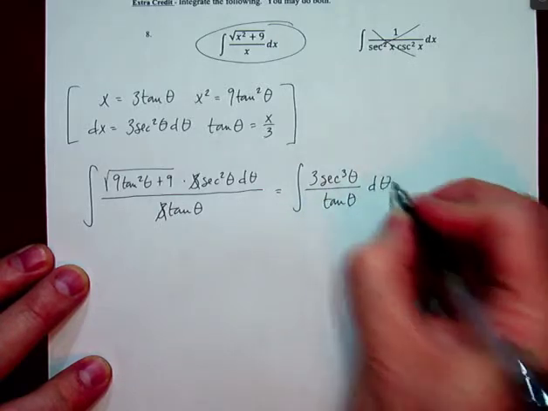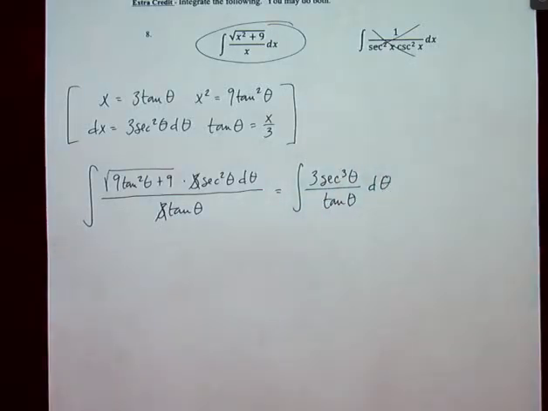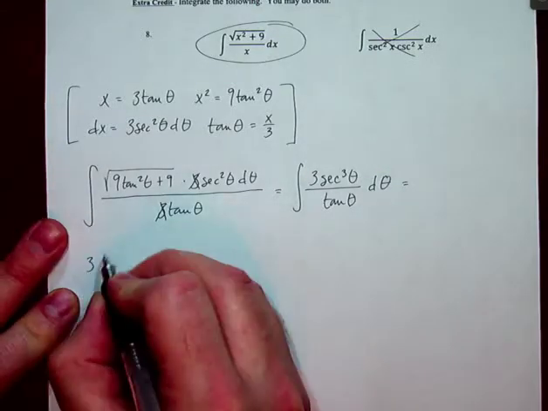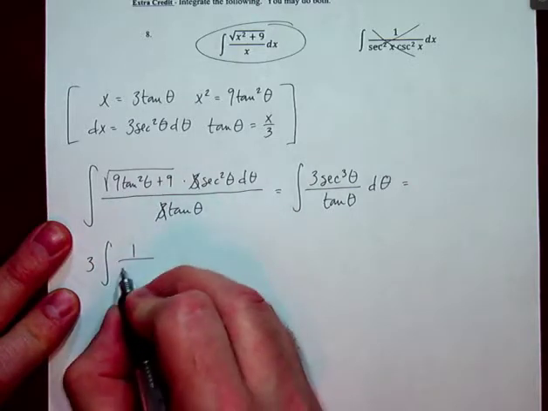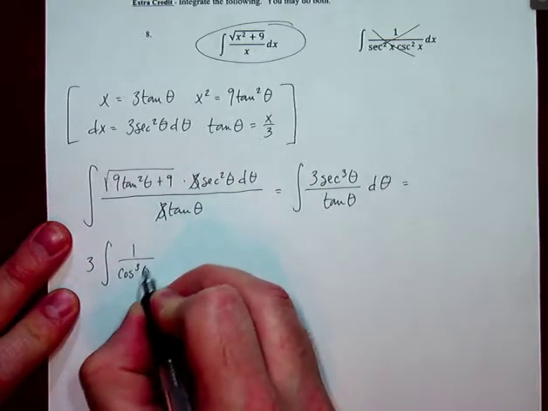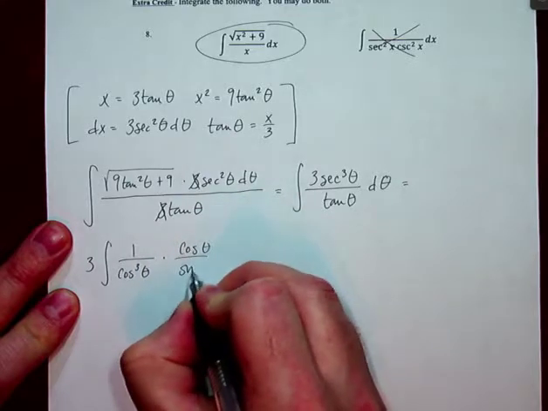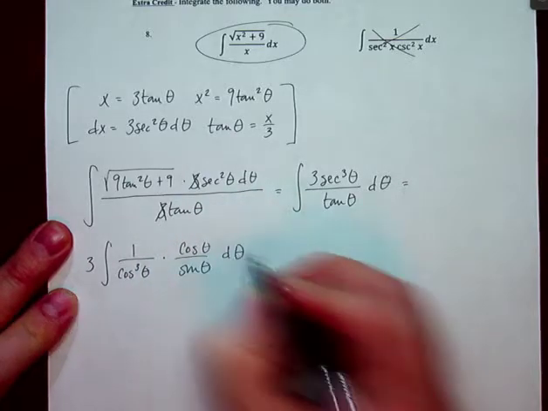And I see secant and I see tangent, but that's just kind of frustrating because they're not in the location that I need them to be in order for it to be helpful for me. So sometimes, you know, you just have to make recourse to sine and cosine, get everything canceled out, and then sort of recombine.